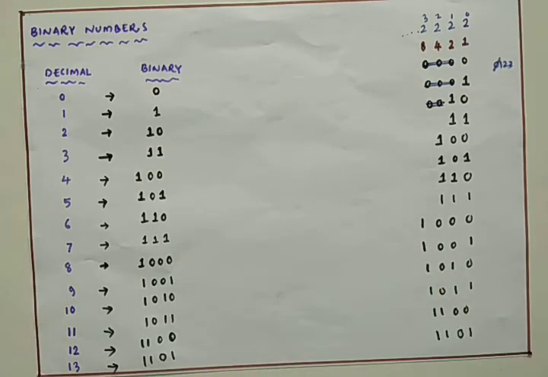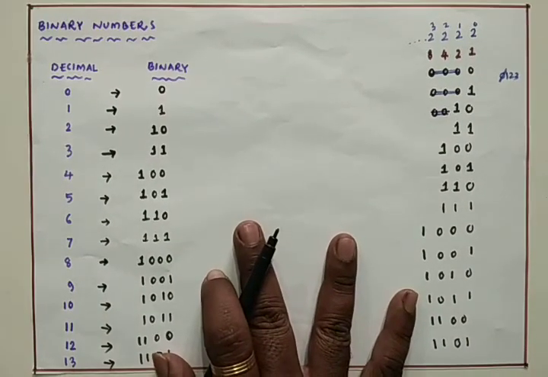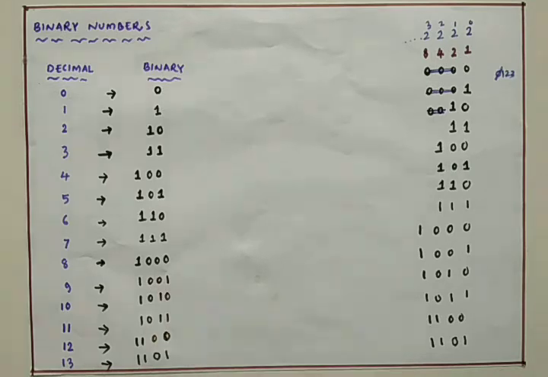Likewise, you can represent any number in the binary number system, and this is one method. Another method you can adopt to convert any decimal number into the binary number system, I'll explain that one. For example, you are asked to solve one problem in the exam.